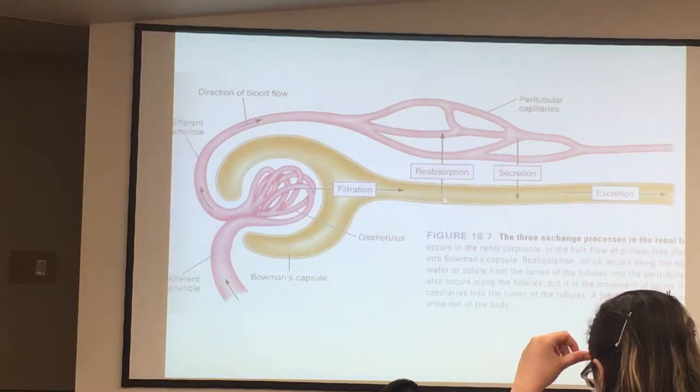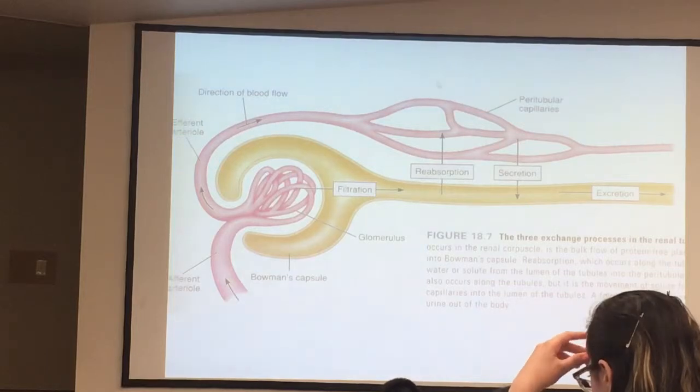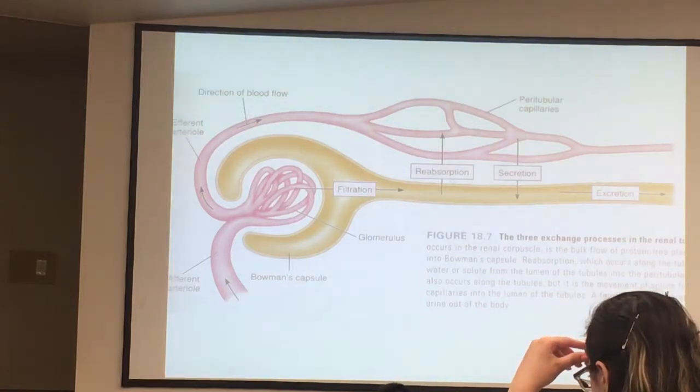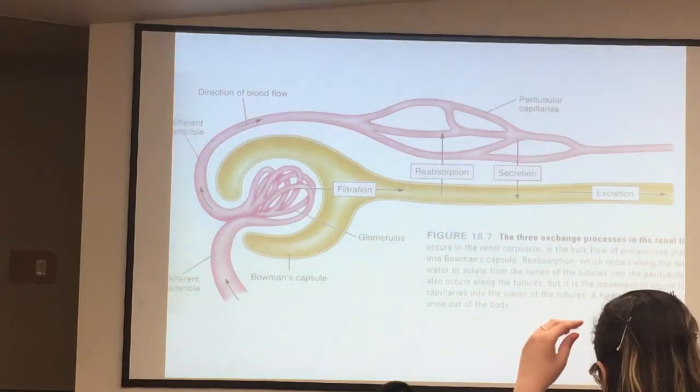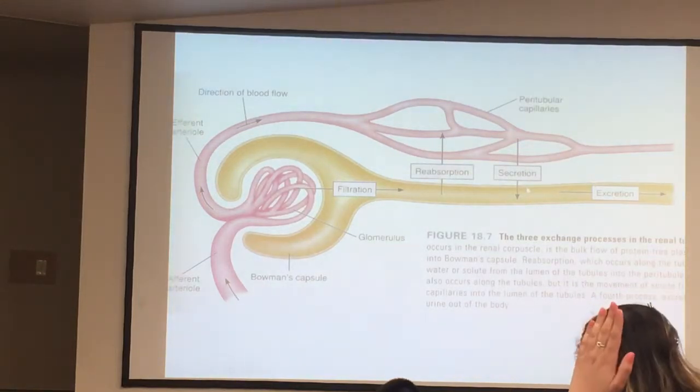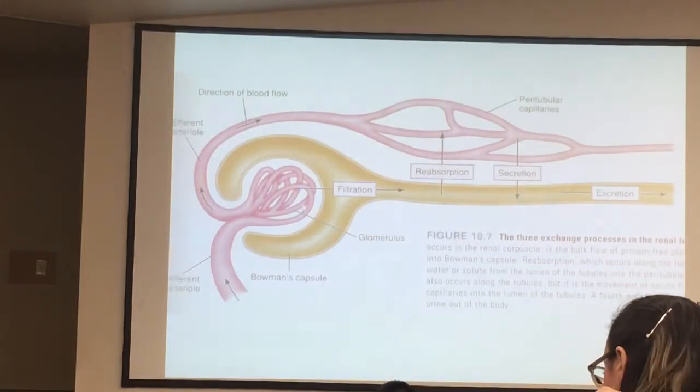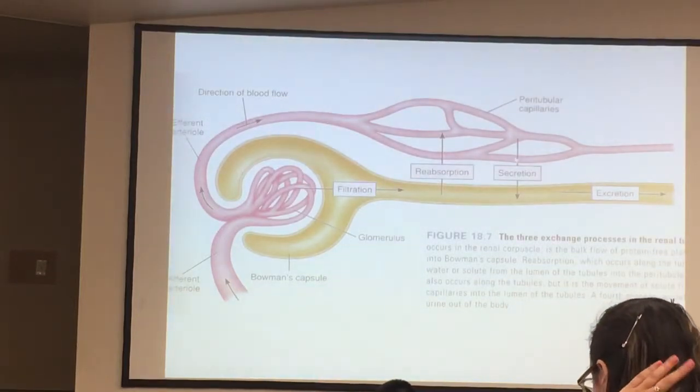Reabsorption means the usable material, like water, sodium, and sugar, we take back and send to the nearby peritubular capillary or maybe the vasa recta. And secreting the hydrogen ion, the acid, we don't want it, so we add it directly from the blood vessel to the tubule, not through the glomerulus, and we call that secretion.